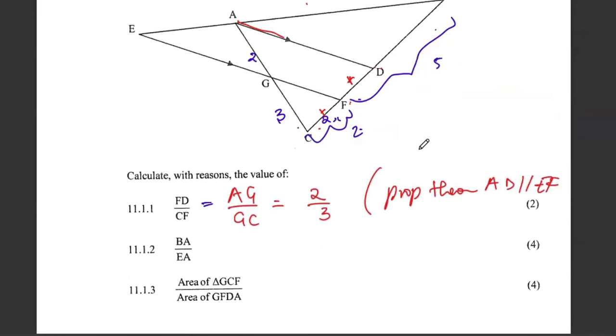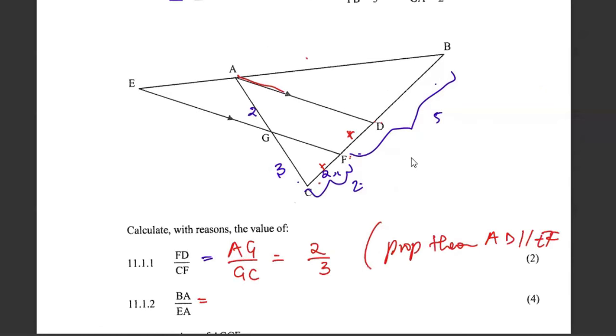And the next, they want us to give the value of BA. Okay, BA, this one over the EA, this part. Now, since we've said that FD is being represented by 2 units, that's what we are having here.